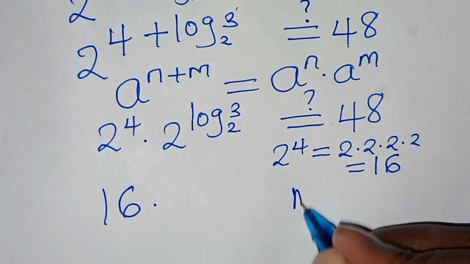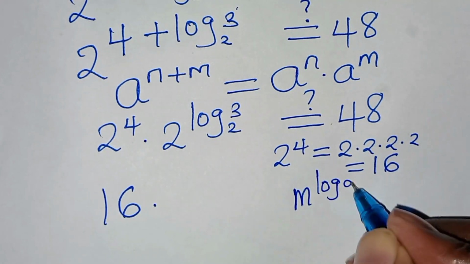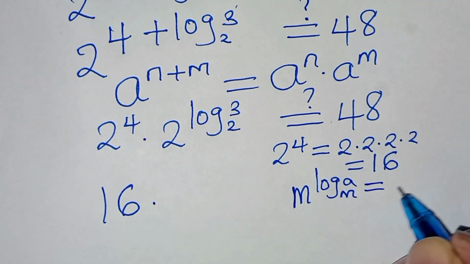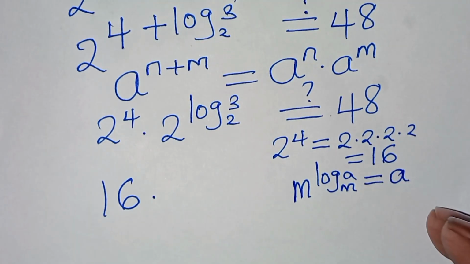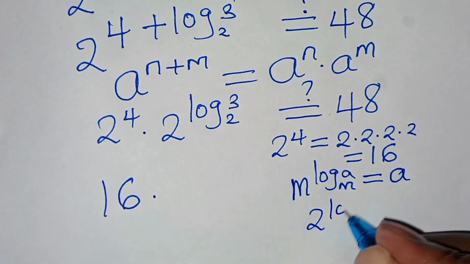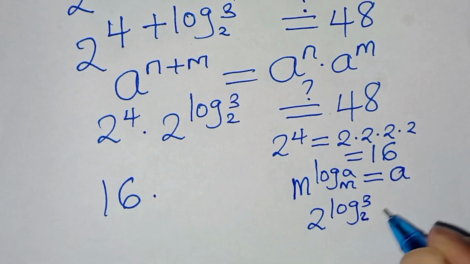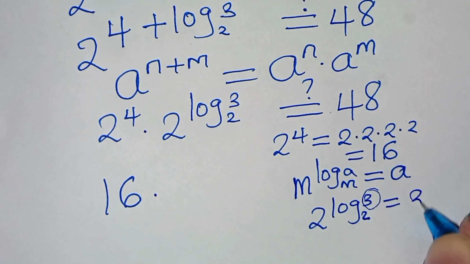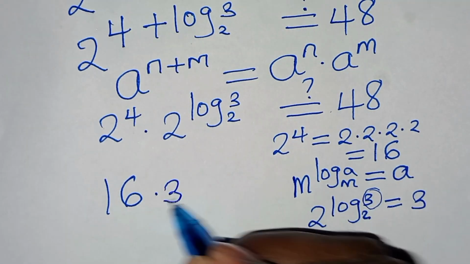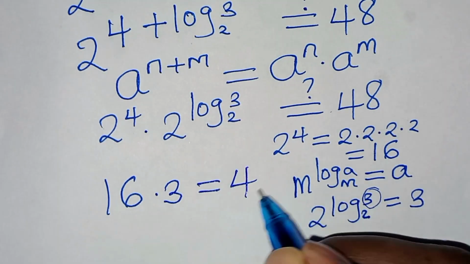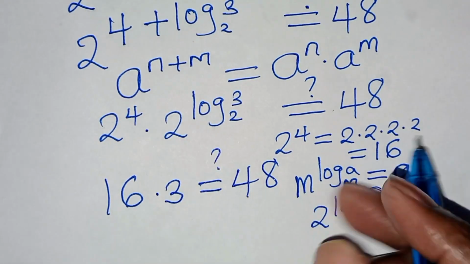This is in the form of m to power log a to base m, which is equal to a. So we can apply this logarithm property so that now 2 to power log 3 to base 2 will be equal to 3. Substituting this 3, we'll have 16 times 3. This is supposed to give us a value of 48.